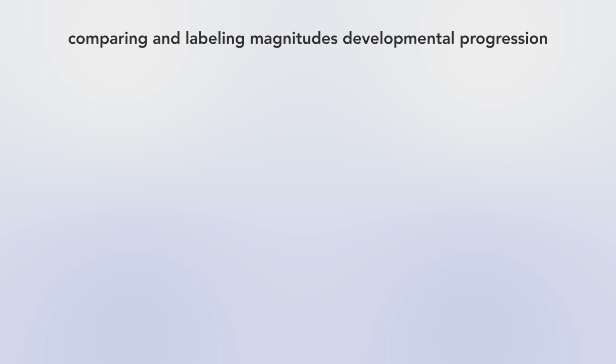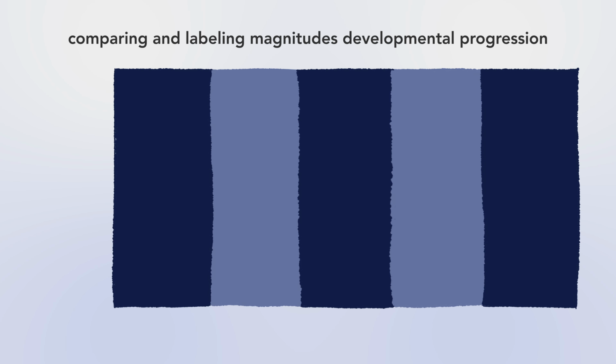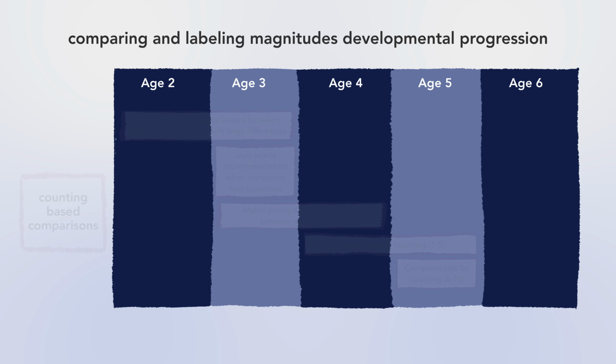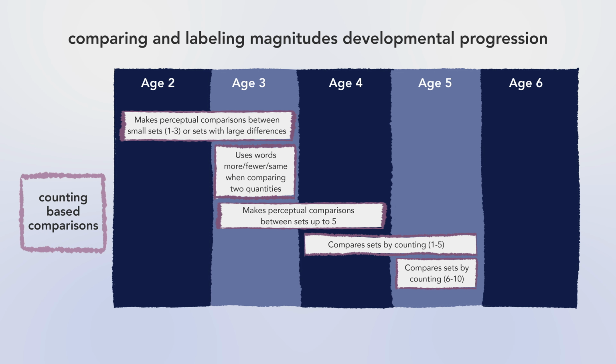The first section of the developmental progression for comparing and labeling magnitudes, counting-based comparisons, is explicitly connected to these first 3 instructional practices. The different steps children typically move through as they develop the ability to use counting to make comparisons are all there. It shows us that children as young as 2 can compare sets and know which is more when the amounts are small and perceptually subitizable, or if the difference between the 2 sets is large.